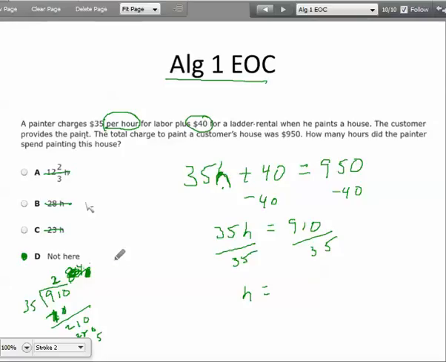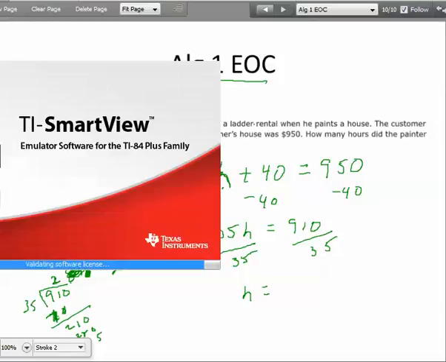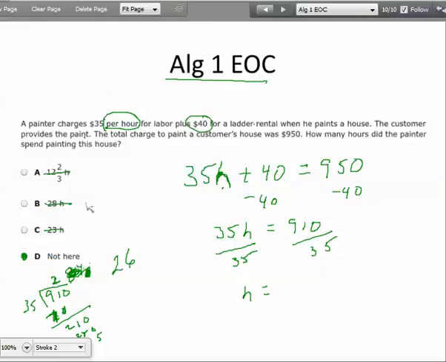Because the answer is actually 26. I believe if I do that division, I'll get 26. Here's where I'm going to start up my calculator here real quickly and check my answer, because I don't know if I'm doing my division correctly or not. See, guess what?